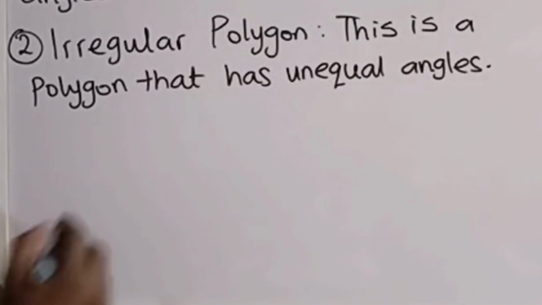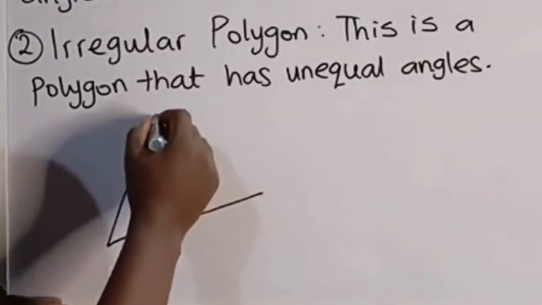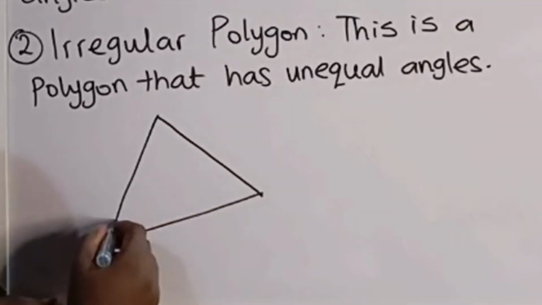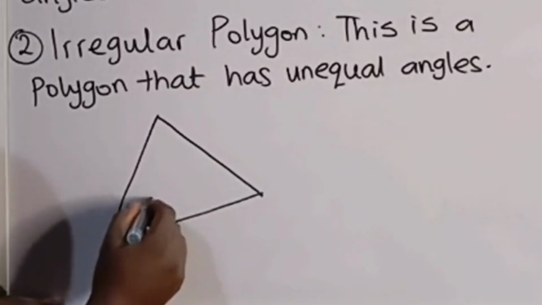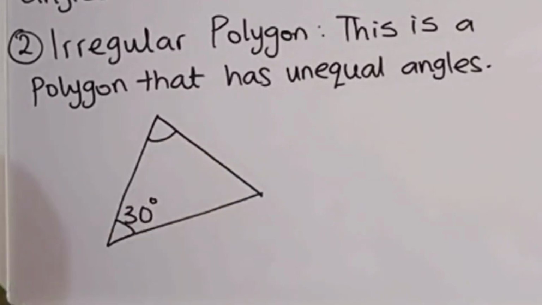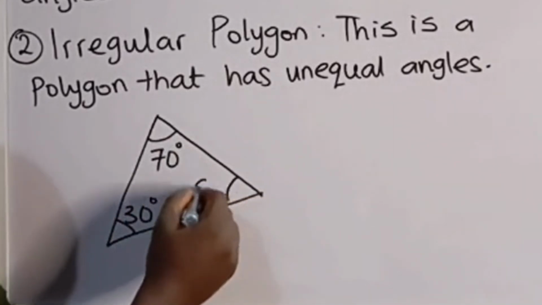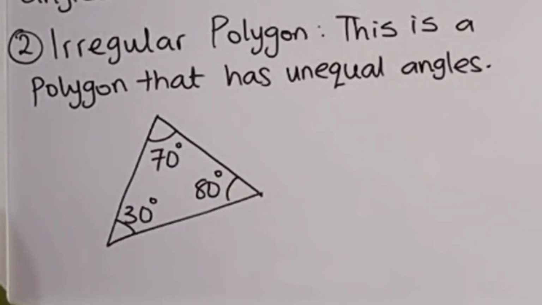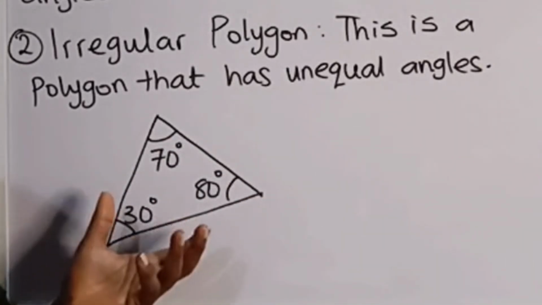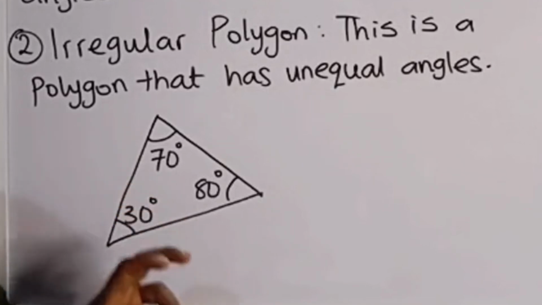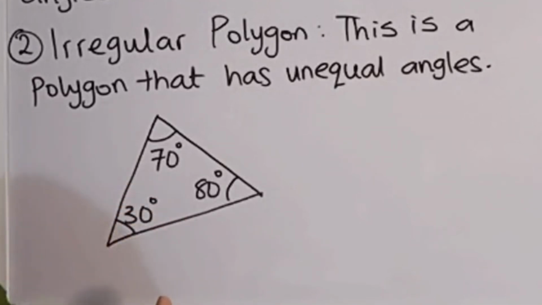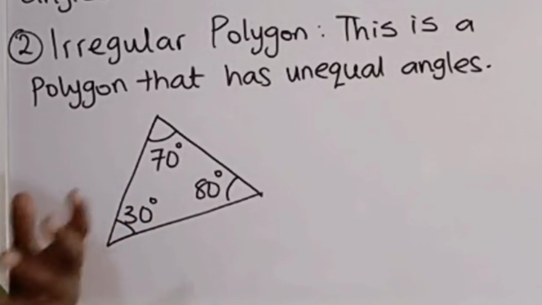If we have a triangle like this, this is a triangle, but this triangle is an irregular polygon. This triangle is an irregular triangle.